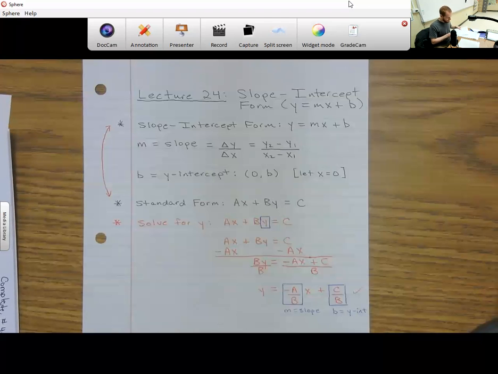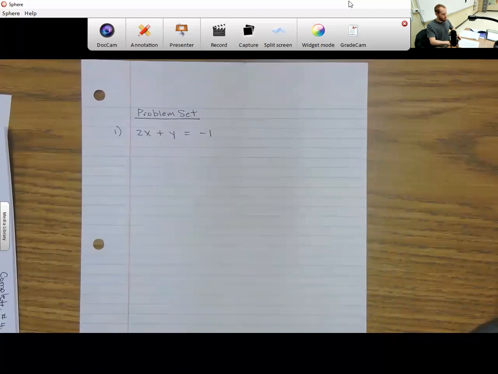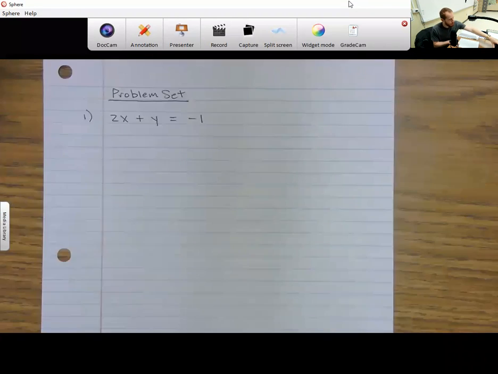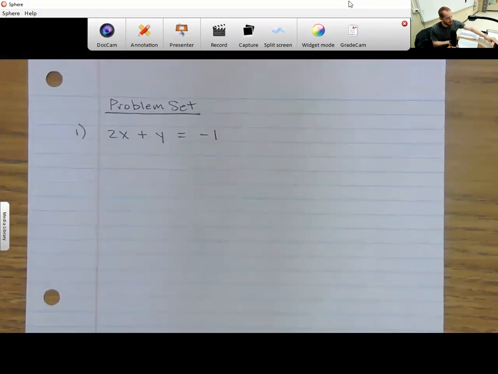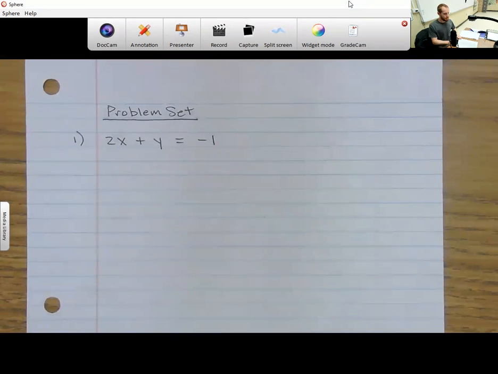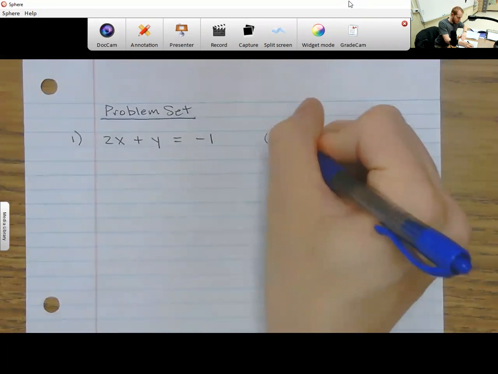Okay. This is the first one we're going to do. 2x plus y equals -1. So what you'll probably notice about this one is it's in standard form. It's already in standard form. So I'm just going to write standard form.